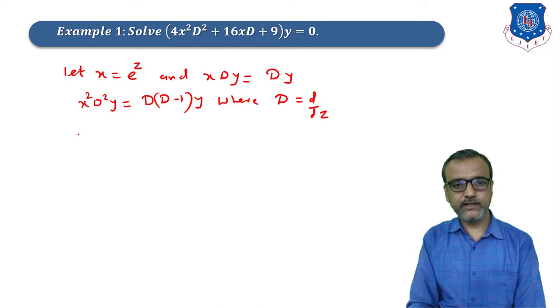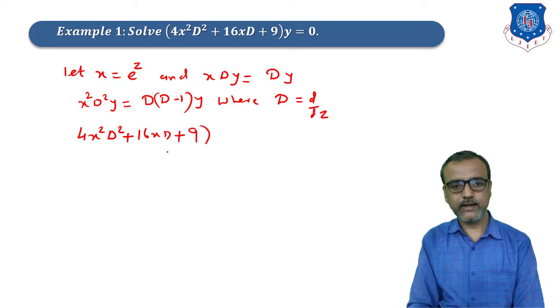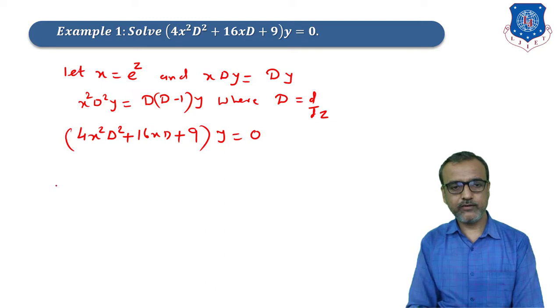Here the given differential equation is 4x square d square plus 16x d plus 9 y equals to 0. Now we will replace this x square d square by D minus 1 y. So we have 4 D(D minus 1), then after plus 16 we will replace this x dy by Dy.